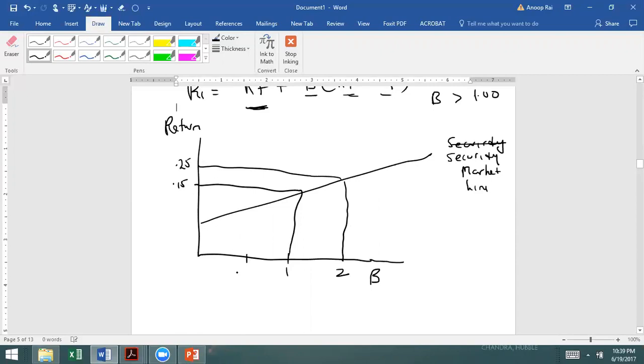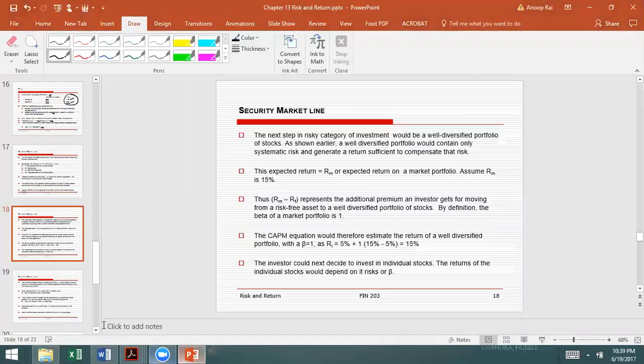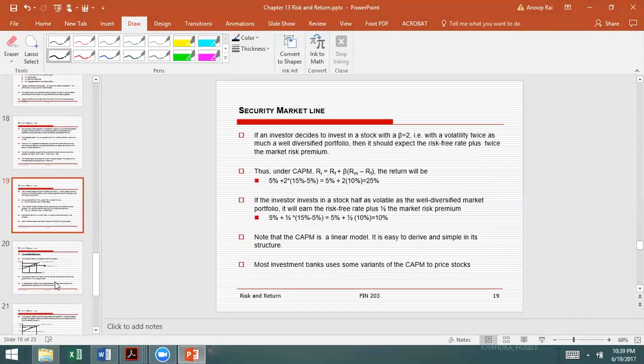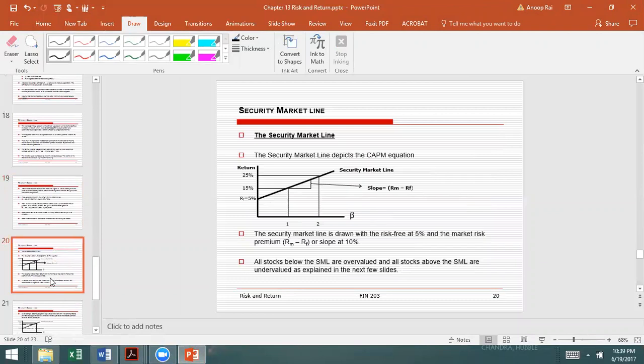If you invest in a stock with half of the beta, which is half as risky, then you should get only 10%. 5 and 5. 5 for the risk-free plus 5 for the premium. Let me go back to my notes. I hope that was able to explain to you the risk-free rate.